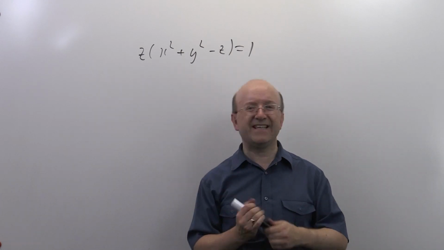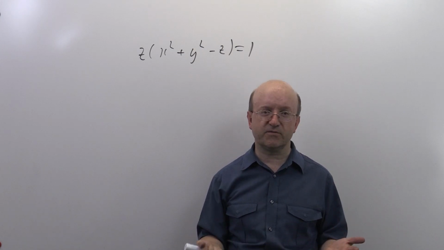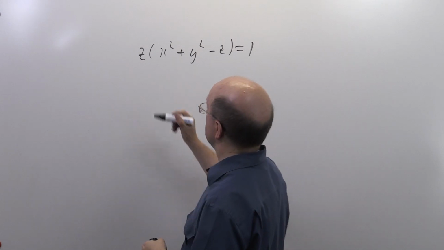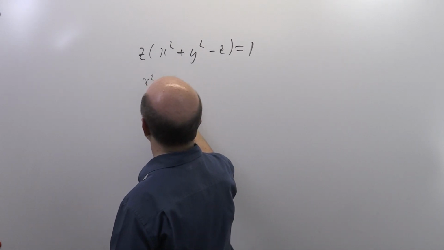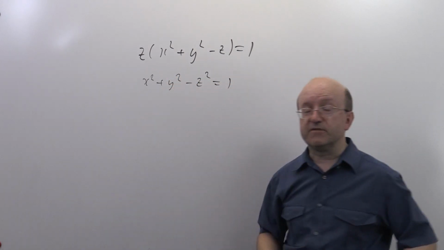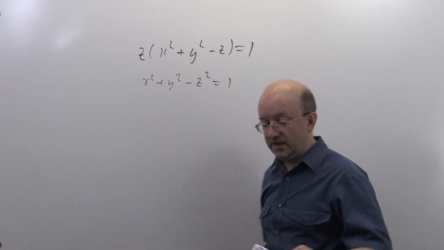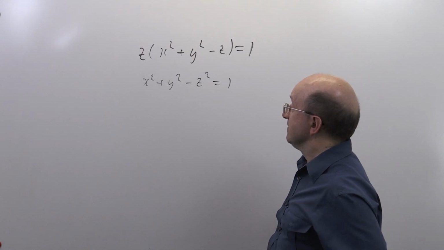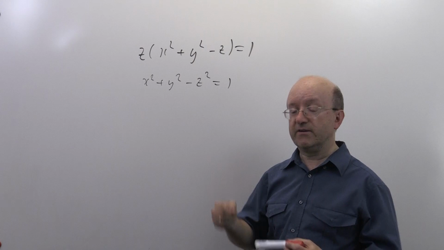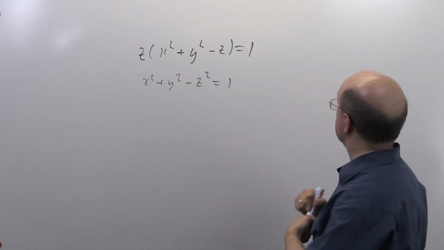Now, many of the quadric surfaces you meet in practice are actually surfaces of revolution, and so they could be drawn like that. So something like x squared plus y squared minus z squared is 1. That's a surface known as a hyperboloid of one sheet. You get it by rotating the curve, the hyperbola x squared minus z squared equals 1, around the z-axis. So that's how you would draw it. Right?